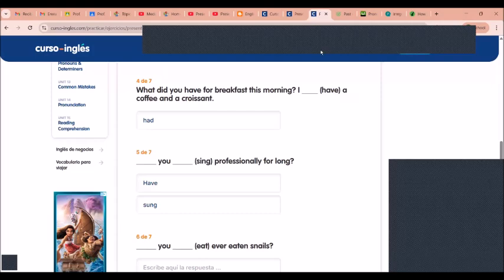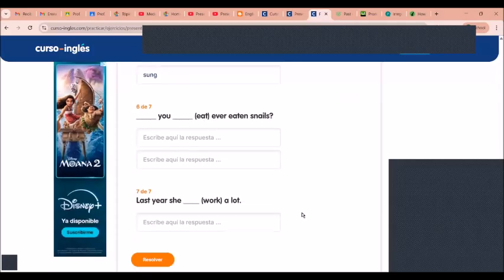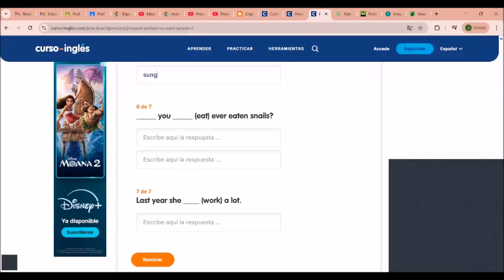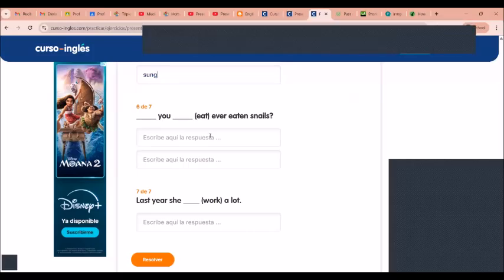Let's continue with Esmeralda Martinez Crisostomo, number 6. Yes, teacher. Have you ever... It's a trick one. Notice that sometimes in Spanish we use what we call double negatives.